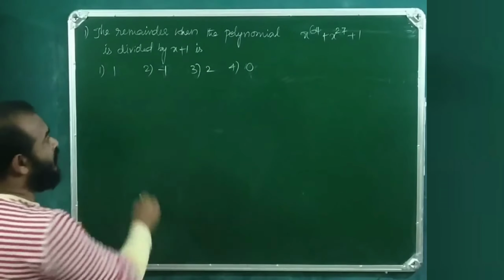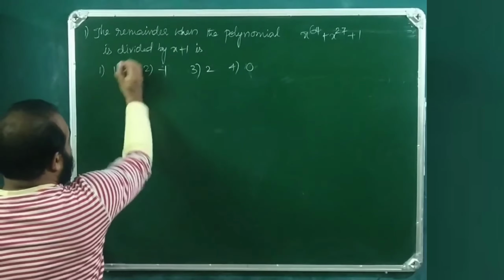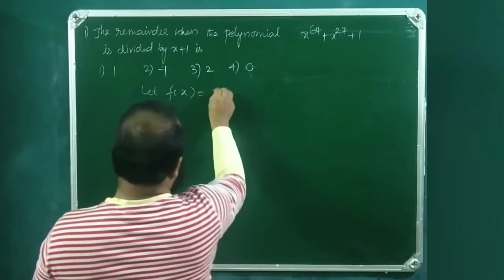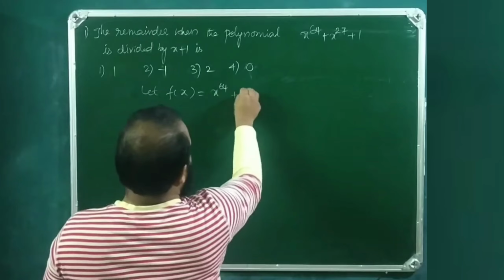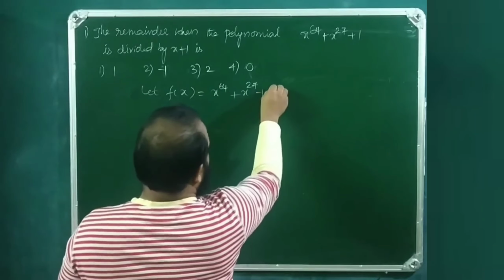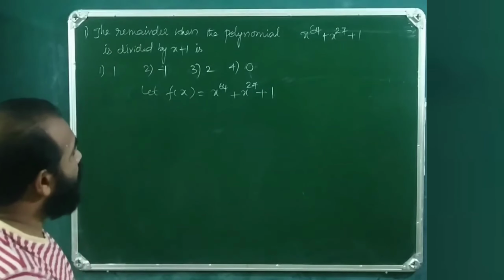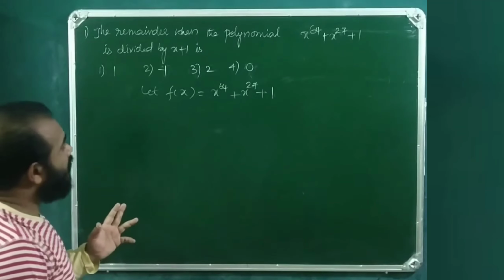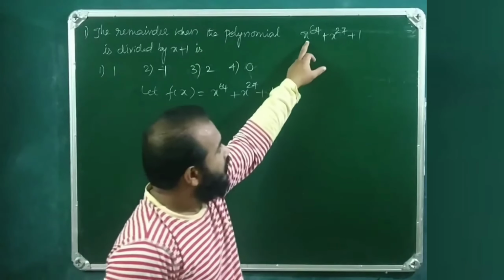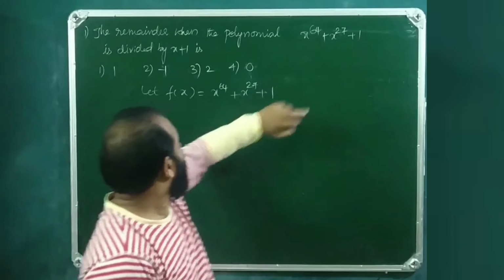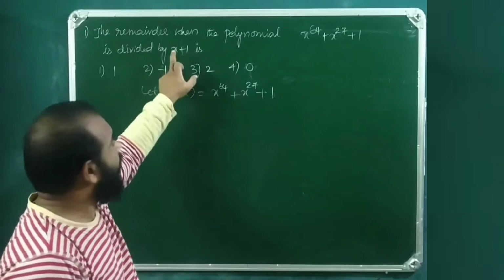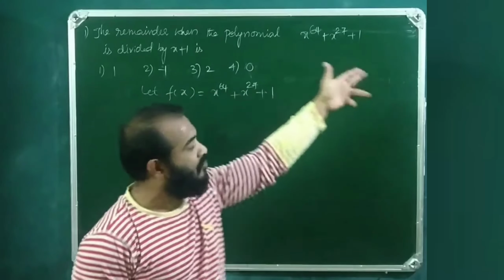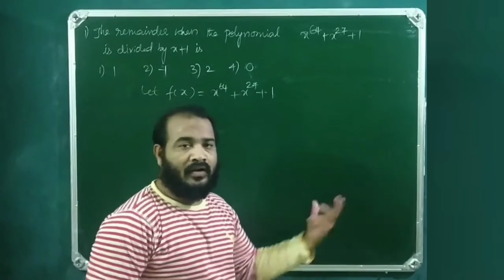So the same thing, let f of x equal x power 64 plus x power 27 plus 1. According to the remainder theorem, the remainder of this polynomial is f of minus 1. So x plus 1 equals 0, x equals minus 1, and we substitute minus 1 in the given polynomial to obtain the remainder.